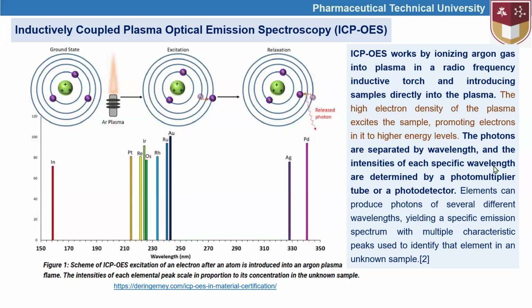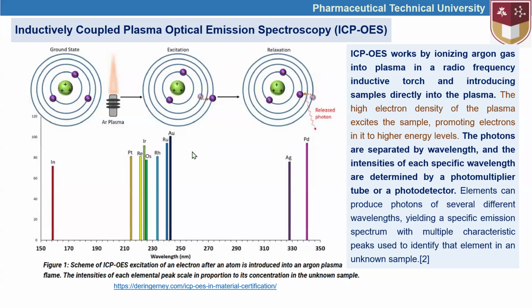The photons are separated by wavelength, and the intensities of each specific wavelength are determined by the photomultiplier tube or photodetector. The elements can produce photons of several different wavelengths, yielding a specific emission spectrum with multiple characteristic peaks used to identify those elements in an unknown sample.